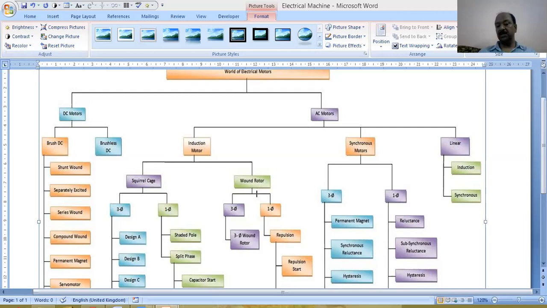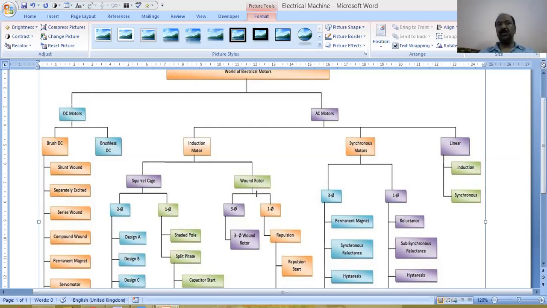Capacitor run motor means the capacitor is placed permanently within the motor, and it stays connected to operate the motor. Then there is the capacitor start and run motor, which has two capacitors. One is connected for a short time when the motor just starts, and after it reaches a specific speed, the start capacitor is disconnected and the run capacitor remains in operation.